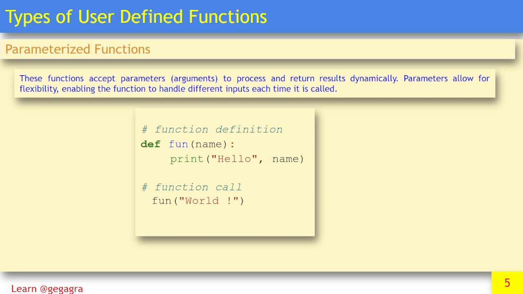So this world value moves to the argument name. When you say print hello and the variable, the argument receives world, and it will print hello world. This is the output. The output of the user defined function will only appear when a function call is made.